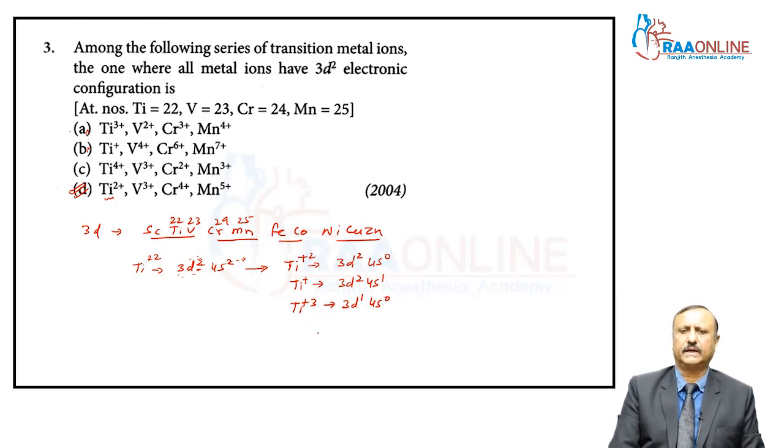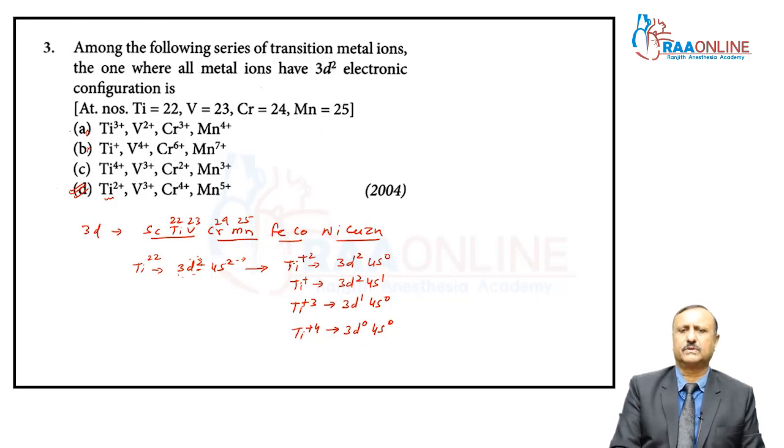In Ti+4, all the electrons are removed from s and d, so you see 3d0 and 4s0 is present.